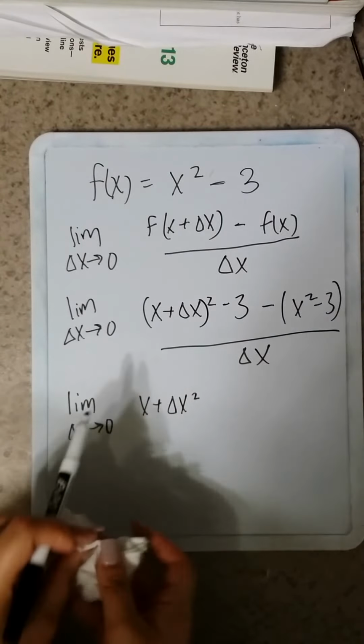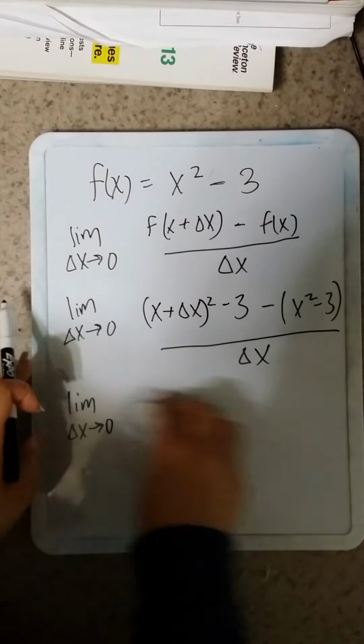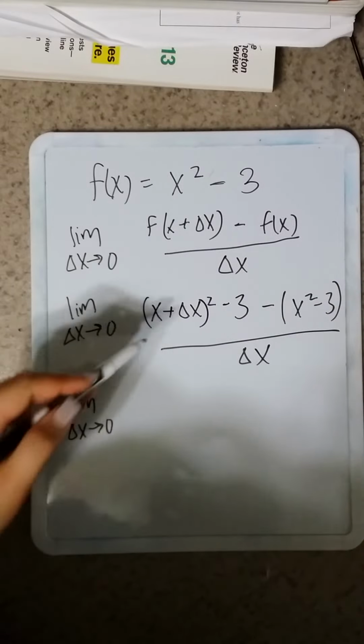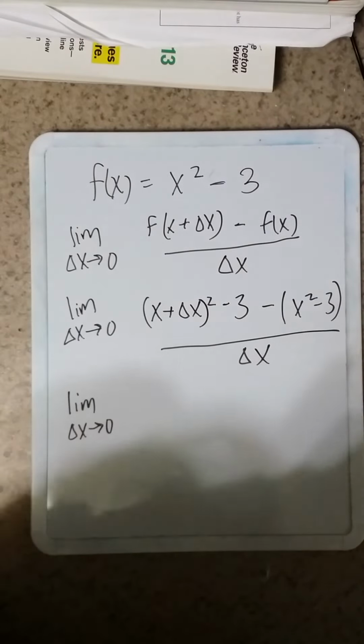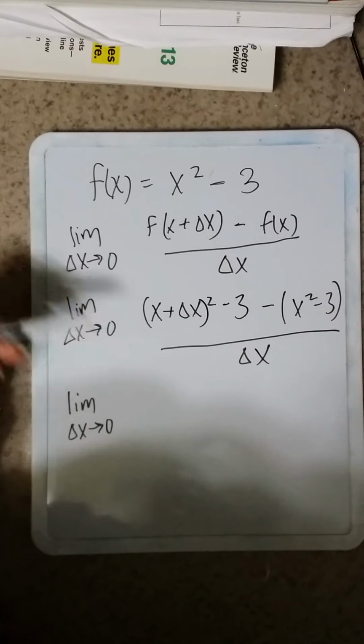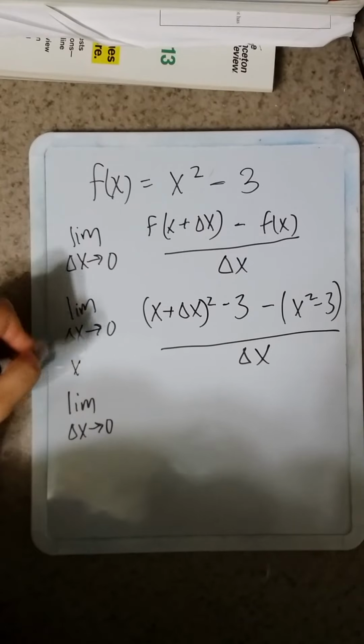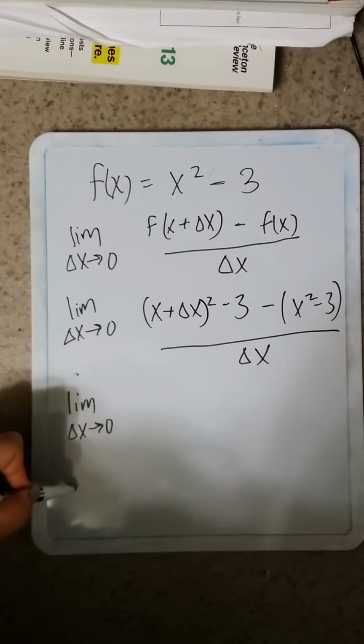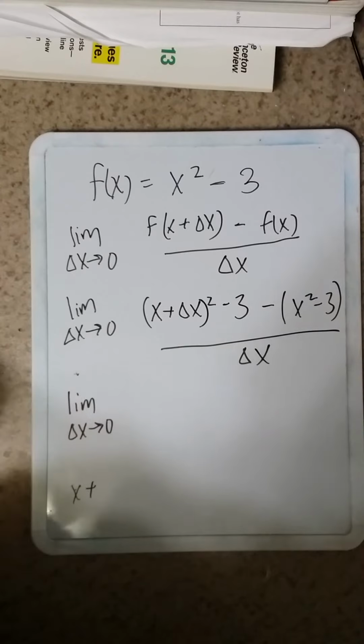It would be best to factor this all out. It's going to be x plus change of x times x plus change of x. I'll do that down here so it's easy to explain.